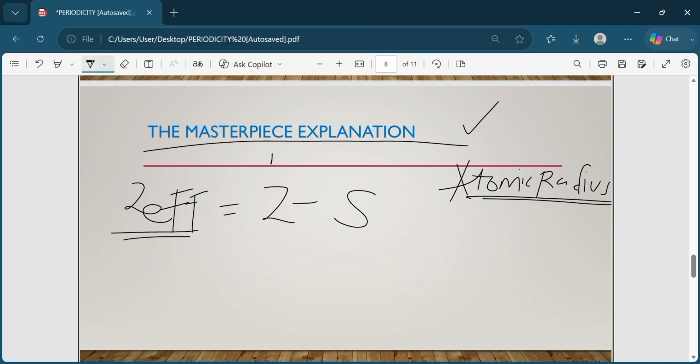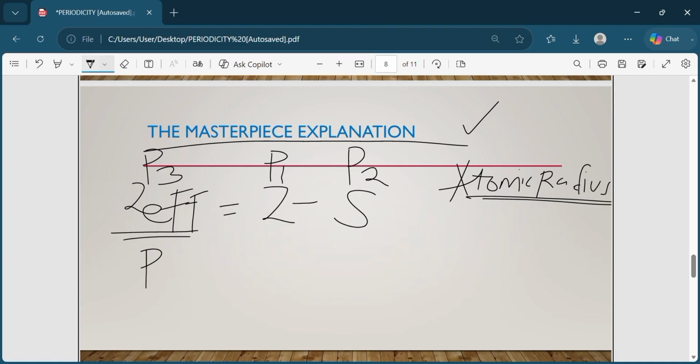Always our paragraph 1 will be a paragraph that deals with our effective nuclear charge. Paragraph 2 will always talk about effective nuclear charge and screening effect. Paragraph 3 will always have our effective nuclear charge.